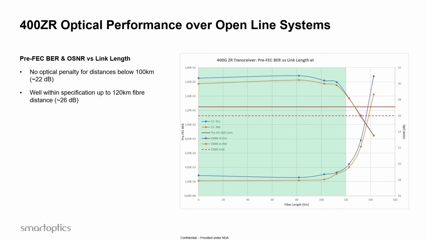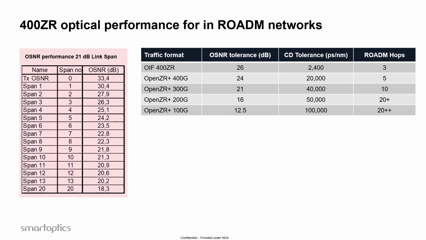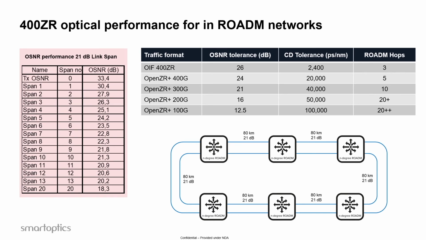If we look at how well those will perform over multi-link or ROADM-based networks, here we've done a simulation on a network that looks like this. We've also been running the corresponding testing for it. This network is based on the fact that we use a ROADM with a preamplifier and booster amplifier in each stage. Each amplifier will be of a standard type, so not the high performance, no hybrid Raman.